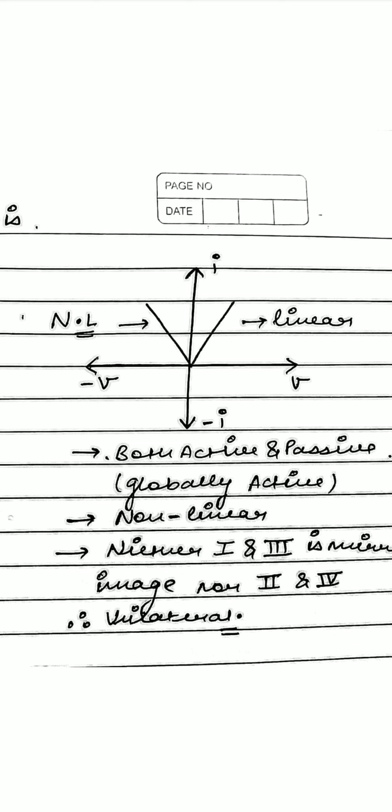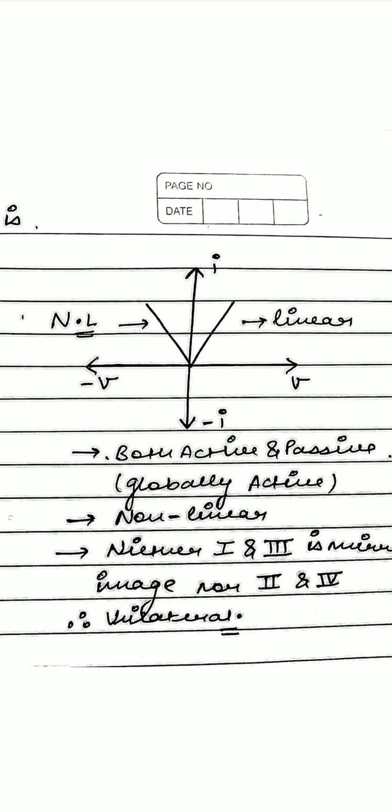But if the options are given as active, passive, globally active or none, then we have to mark the globally active option. If it is an MCQ and we have to select only one correct answer, then globally active is the correct answer in such questions.